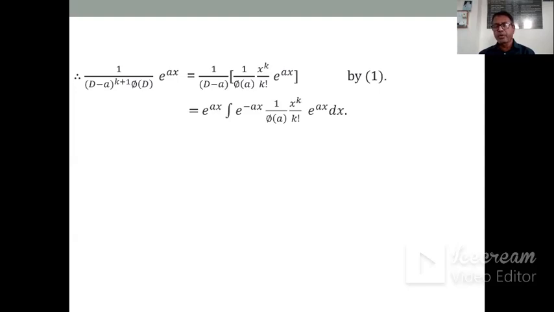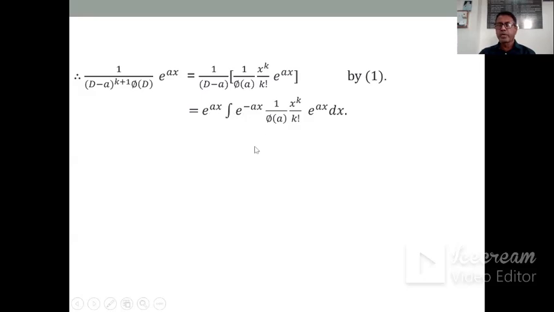Now if we operate this, we know how to operate this. This is e to the power ax, integration of e to the power minus ax, and this Q of x as it is.